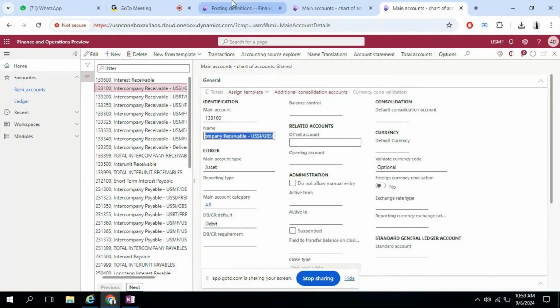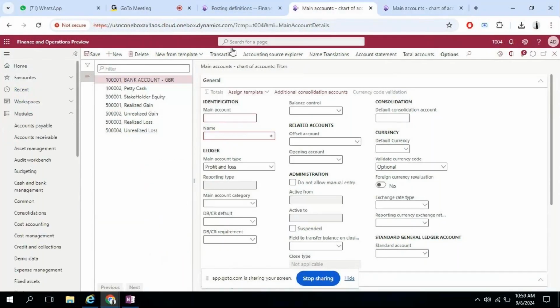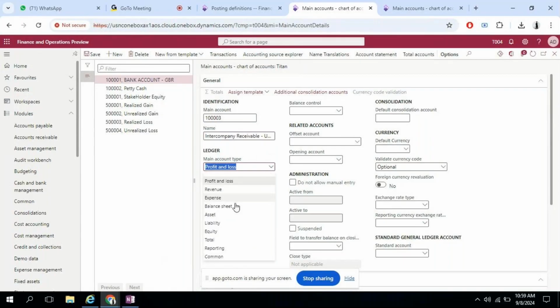I will copy it. I will go to the main accounts of T004. I will create a new main account over here, and clicking on the new button, it will be receivable. So we will keep it 1403. We will name it company receivable. We will type it USMF to T004, and it will come under the asset side.